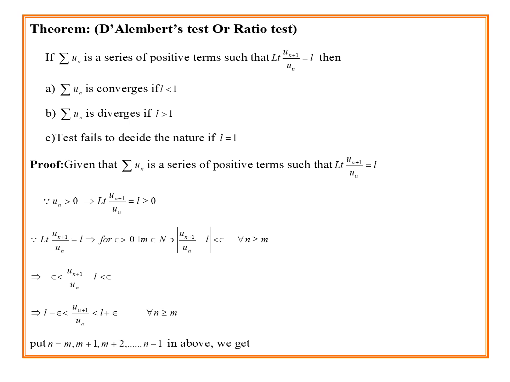minus epsilon less than u of n plus 1 by un minus L less than epsilon. This can be written as L minus epsilon less than u of n plus 1 by un less than L plus epsilon for all n greater than or equal to m. Now here put n equal to m, m plus 1, m plus 2, and so on up to n minus 1 in the above.